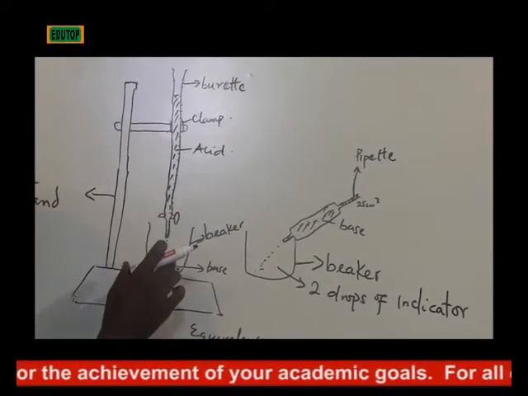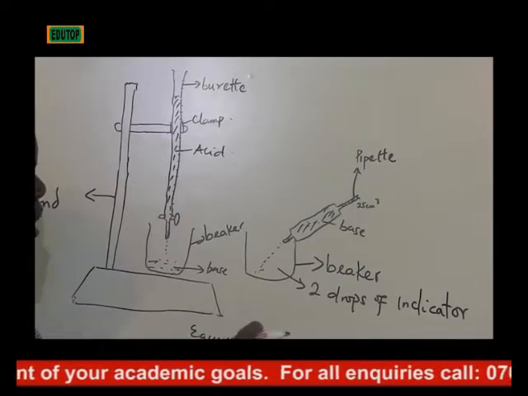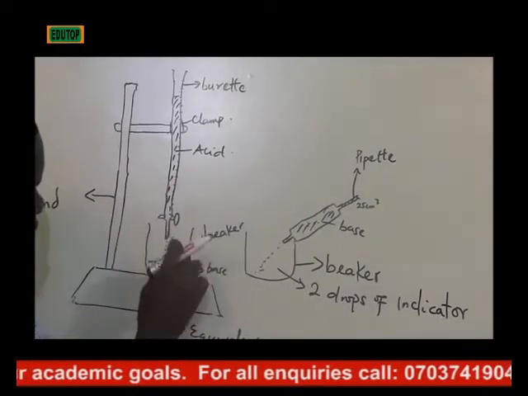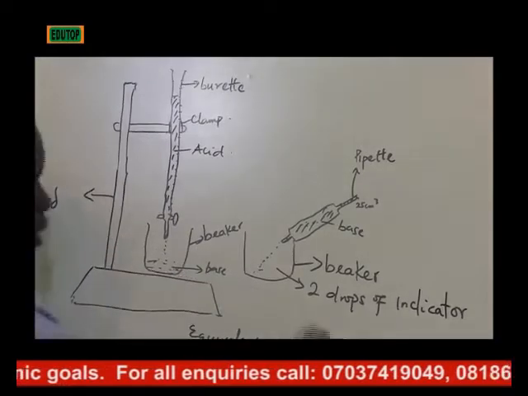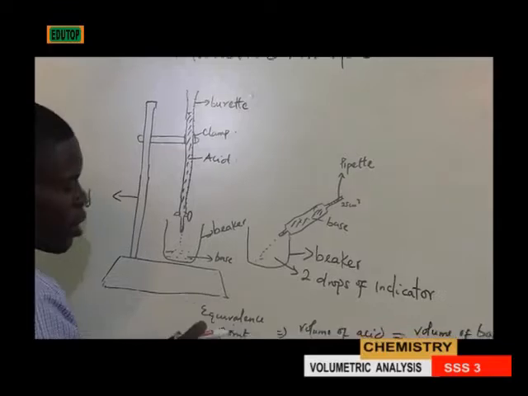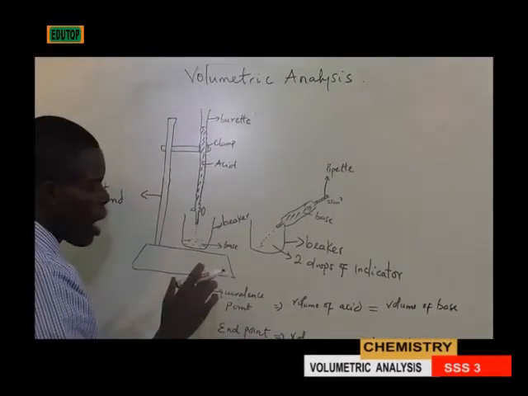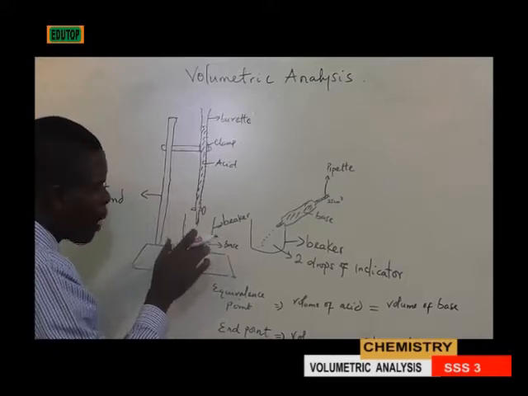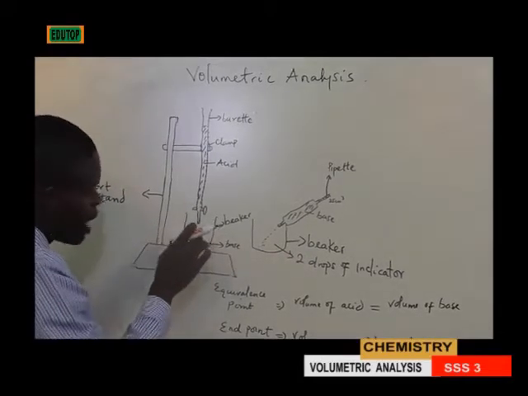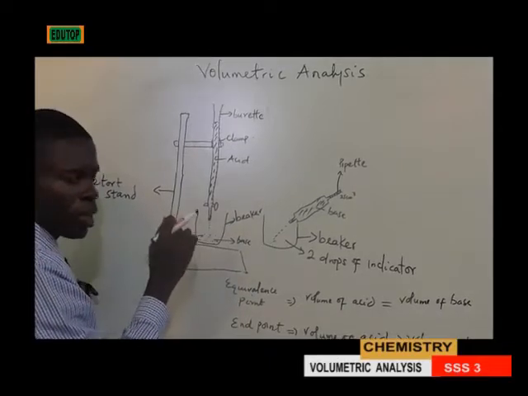there will come a stage where the volume of the acid is equal to the volume of the base. That point is called the equivalence point. At that point, you have to be observant, because any moment from there, you attain the end point.